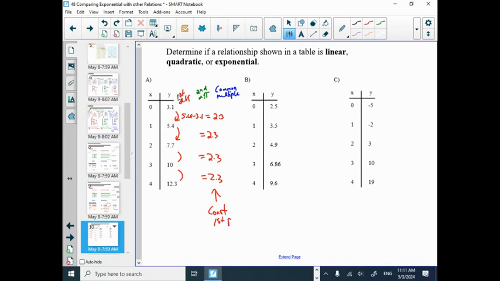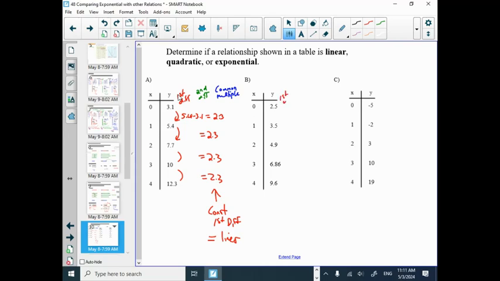So constant first difference means that it's linear. And if we do our first differences and second differences in another case, you'd find in this case that they don't end up constant. So you would just try it though, right?